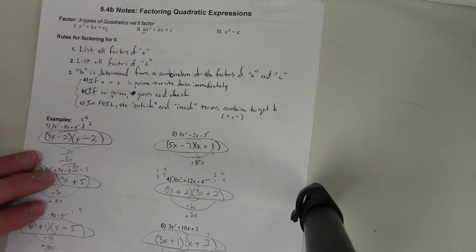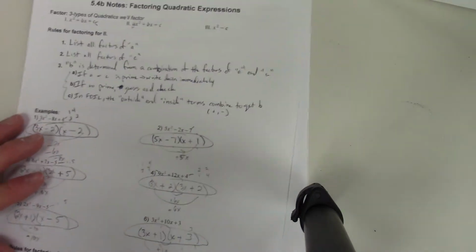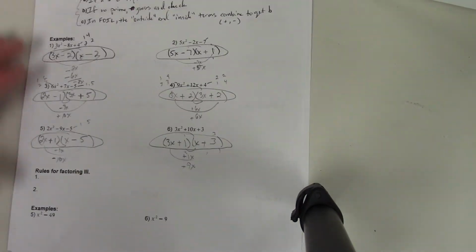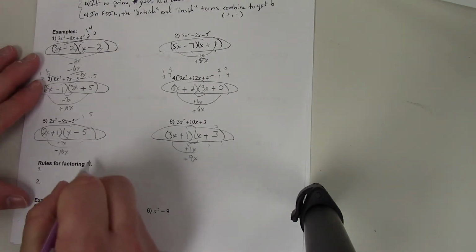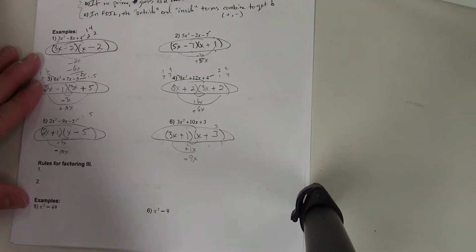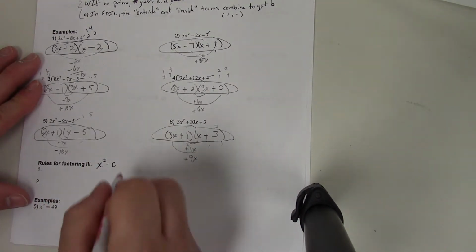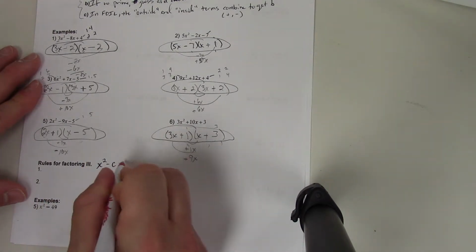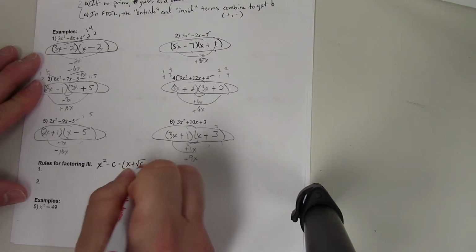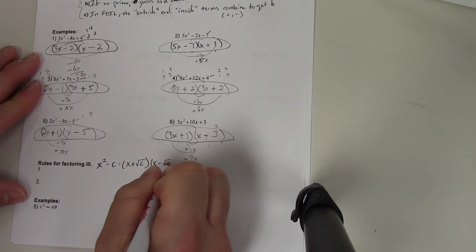Let's go down to the bottom here. So down at the bottom, the rules for factoring part 3, which is x squared minus c. This factors into, well, this isn't going to make sense, but x plus the square root of c and x minus the square root of c.